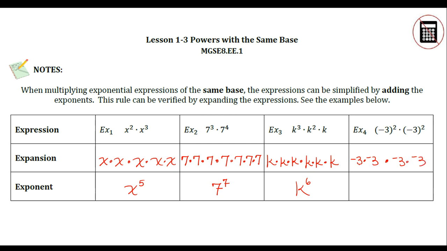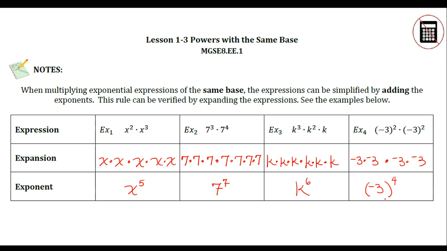And it's super important that if the negative is part of your base, then you include it by using parentheses. So we have -3 raised to the 1, 2, 3, 4.